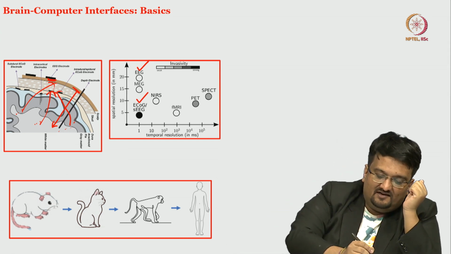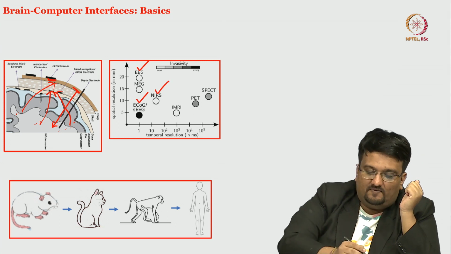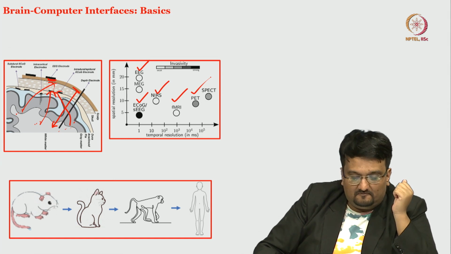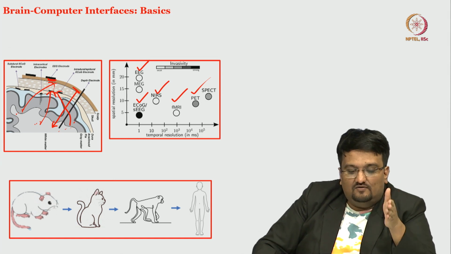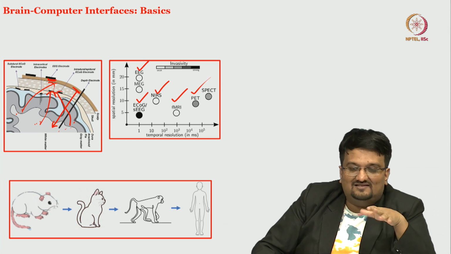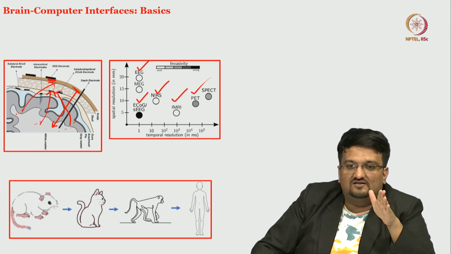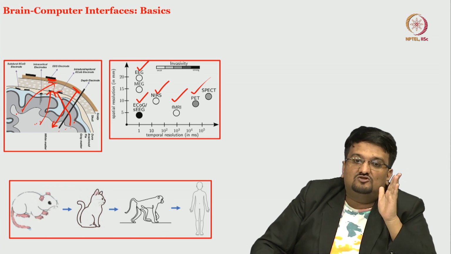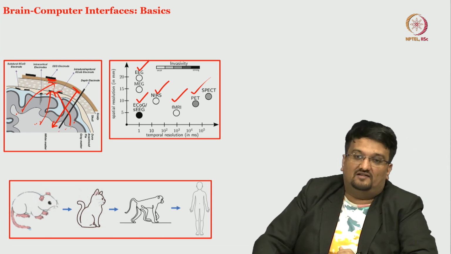Of course, there are NIRS, near infrared spectroscopy, functional MRI, PET scan, and all different imaging techniques, so you can explore them by yourself. But considering there are multiple parameters, as I said, here just three are considered: spatial resolution, temporal resolution, invasivity. Many more condition-specific parameters are there.